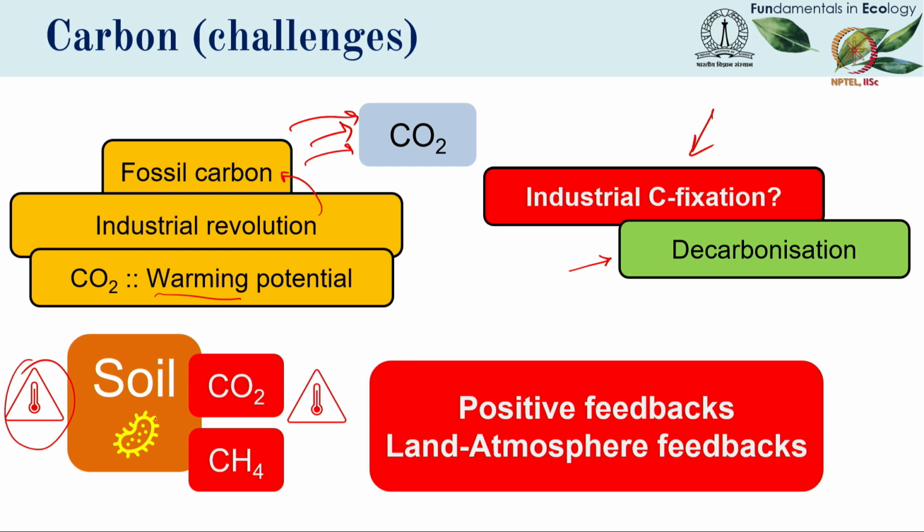So more of the organic matter comes out from the soil, and this CO2 accumulates in the air. More CO2 accumulates in the air, which makes the air warmer again, and then you get this positive loop. This is called positive feedback. The warmer the air, the warmer the soil, the more the respiration, the warmer the air.